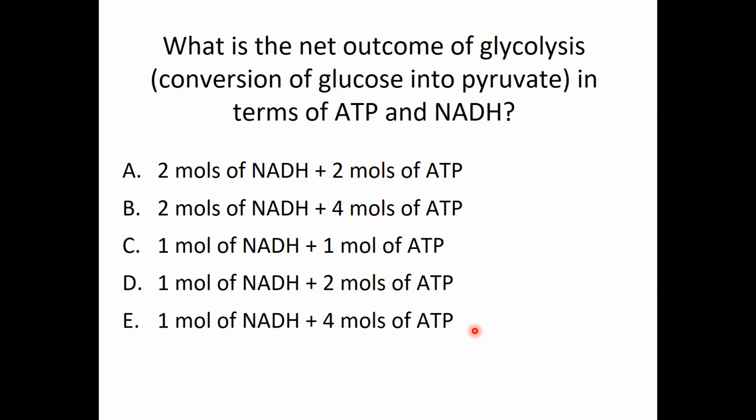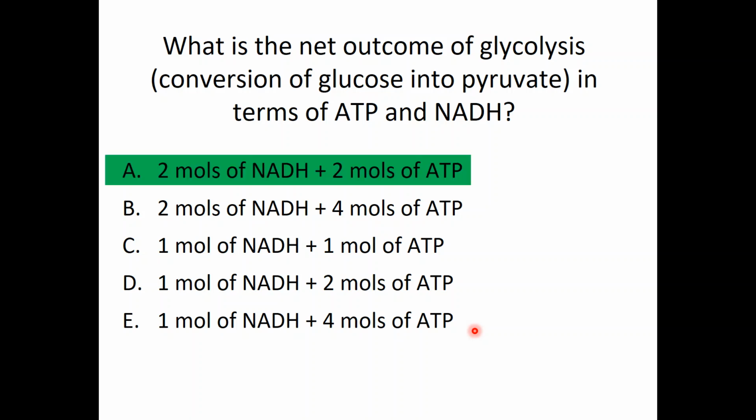So we invest 2 molecules of ATP at the investment stage, plus we synthesize 2 molecules of ATP per each glyceraldehyde 3-phosphate, as well as 1 molecule of NADH per each glyceraldehyde 3-phosphate. As a result, we will produce 2 moles of ATP net and 2 moles of NADH.